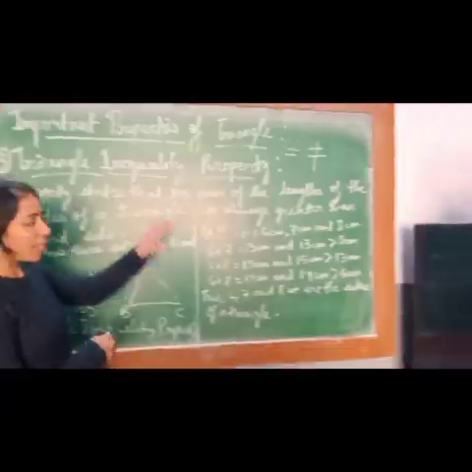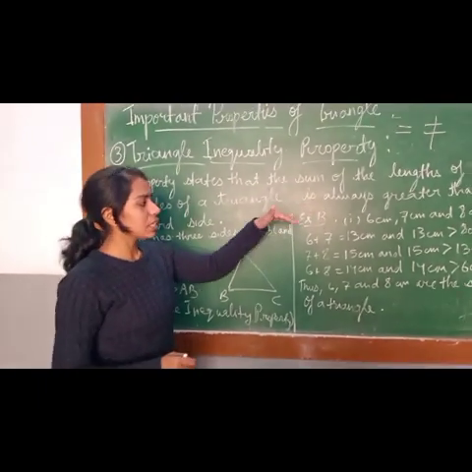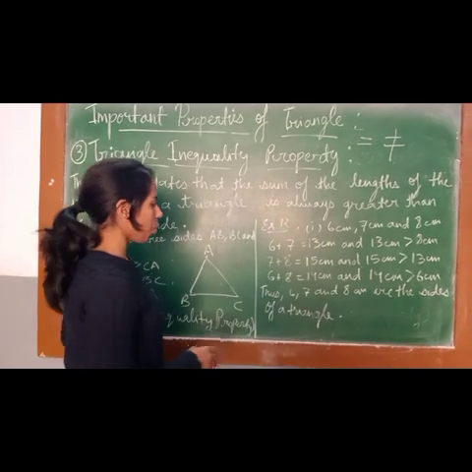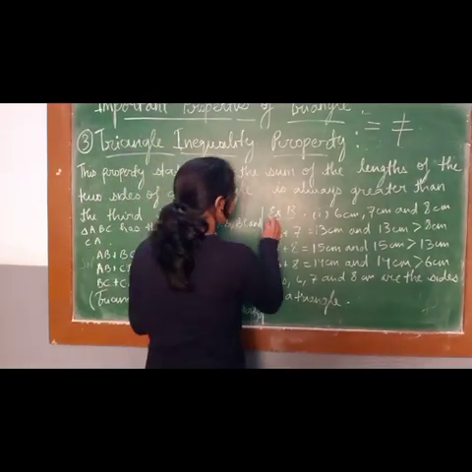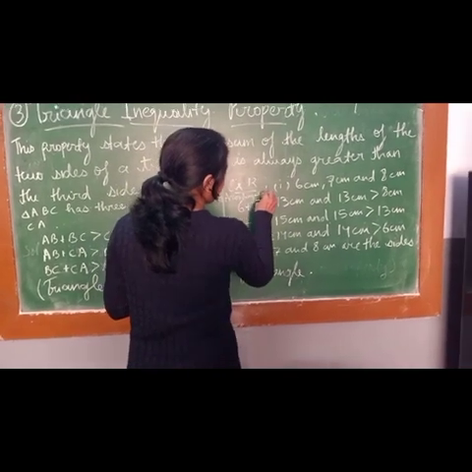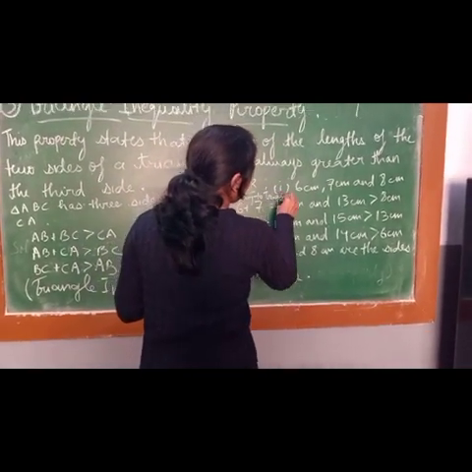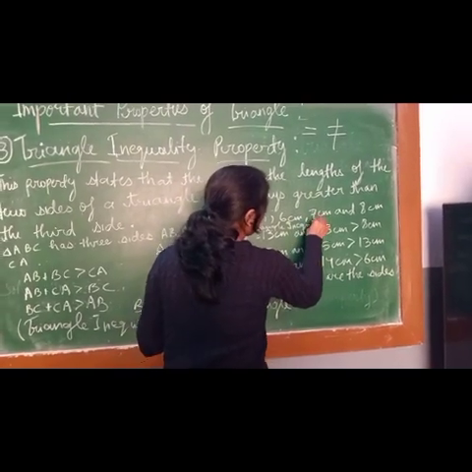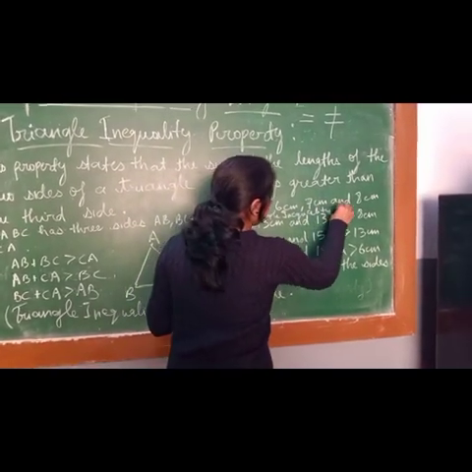For checking whether the triangle with these sides is possible or not, we have to apply triangle inequality property. You will write here, according to triangle inequality property.